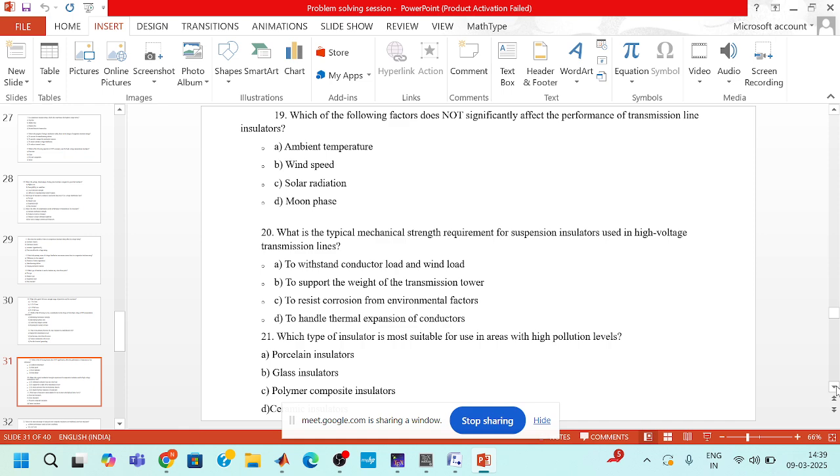Okay, next question is, which type of insulator is most suitable for use in areas with high pollution levels? Options are porcelain insulators, glass insulators, polymer composite insulators, D is ceramic insulators. Answer is glass insulator, madam.